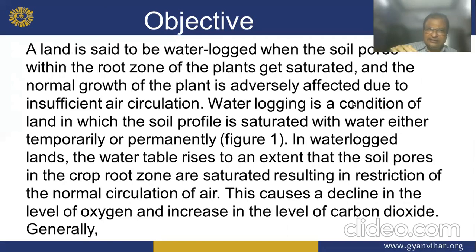A land is said to be waterlogged when the soil pores within the root zone of the plant get saturated and the normal growth of the plant is adversely affected due to insufficient air circulation.